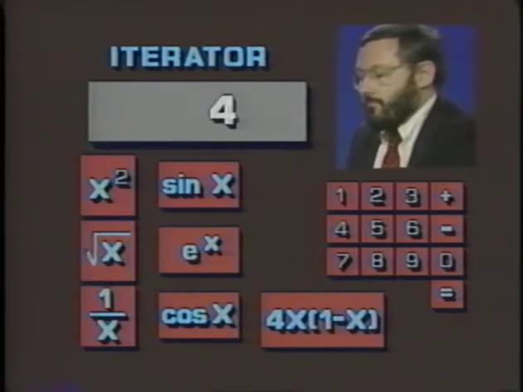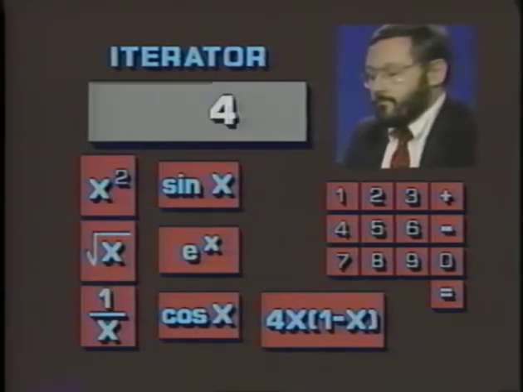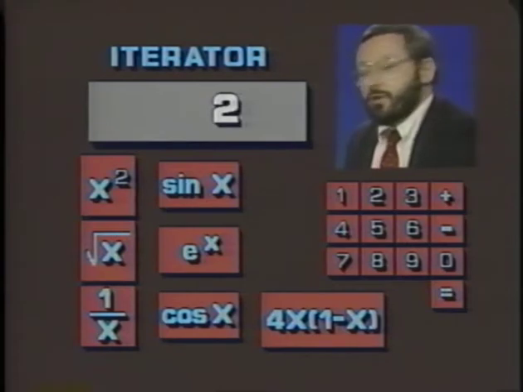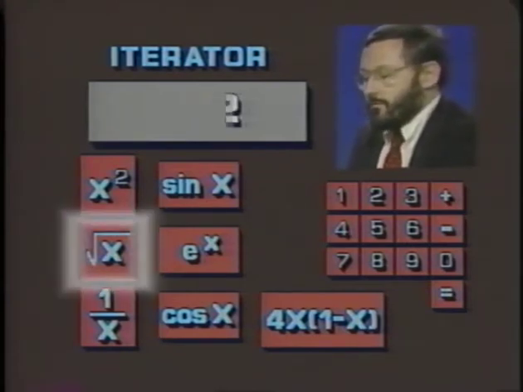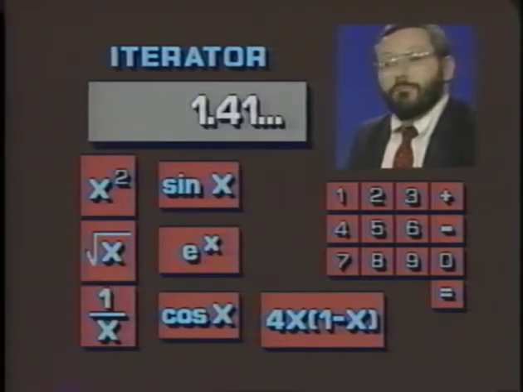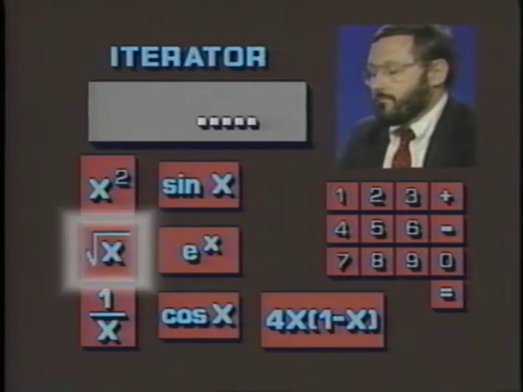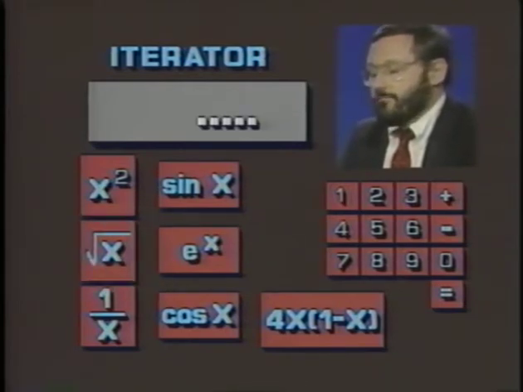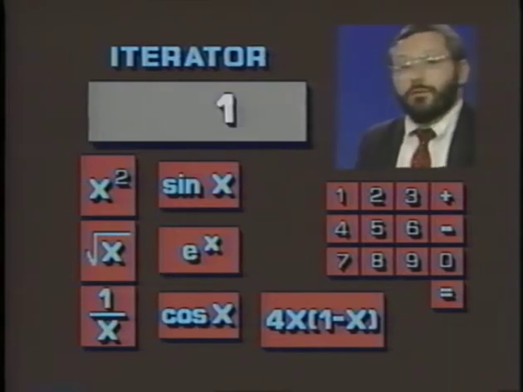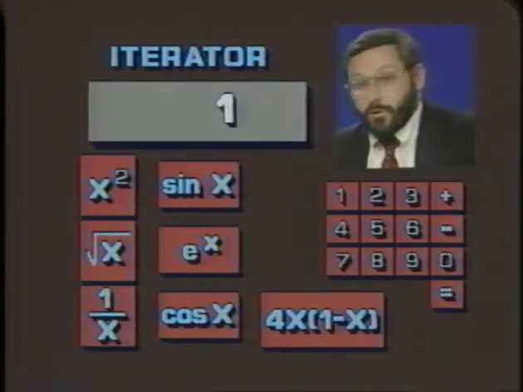Square root of 16 is 4. Square root of 4 is 2. Square root of 2 is 1.41. And then we ask, what happens when we do this over and over again? Square root of 1.41. Keep hitting the square root button. Eventually you'll see that no matter what number you started with, you always end up with the number 1.